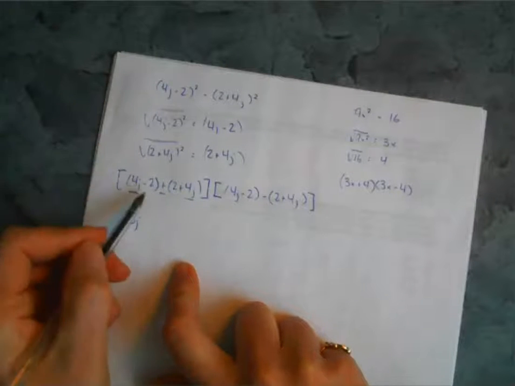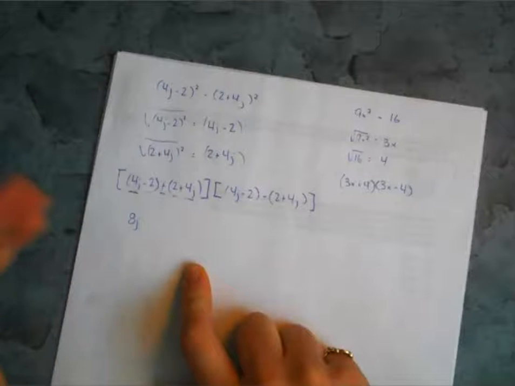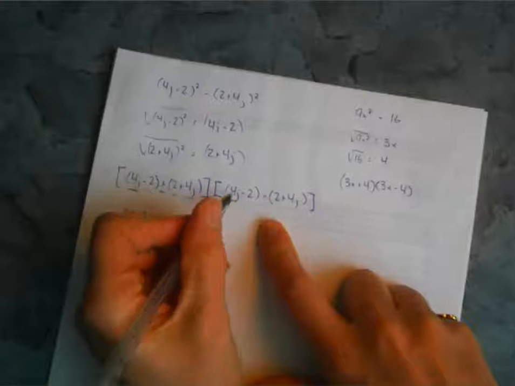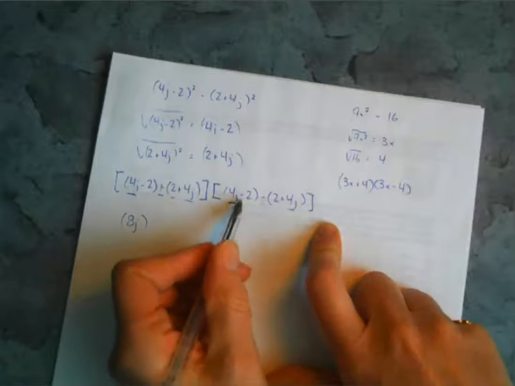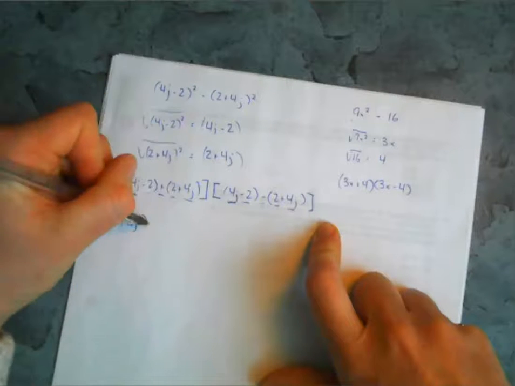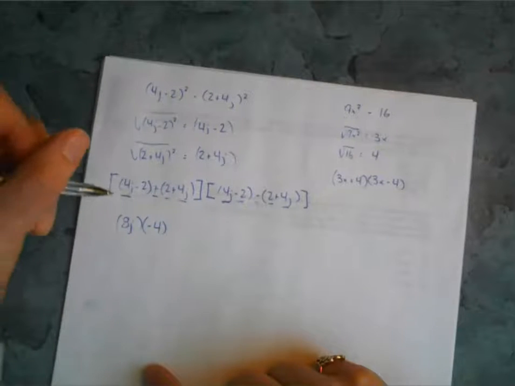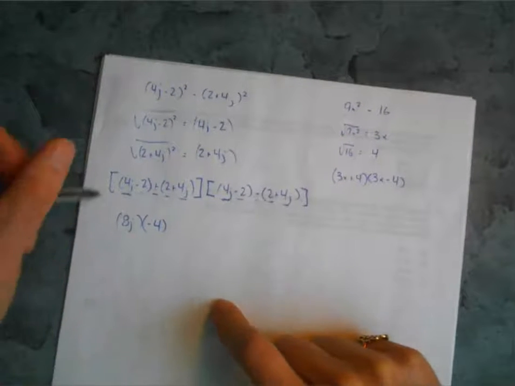And then negative 2 plus 2 gives us 0, so we have nothing else in that bracket. And then in this one, we have 4j minus 4j, so that's going to be 0. And then we have negative 2 minus 2, which gives us negative 4. Okay, so there's our simplified expression.